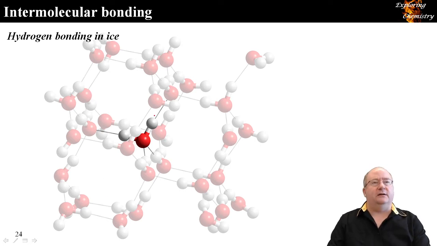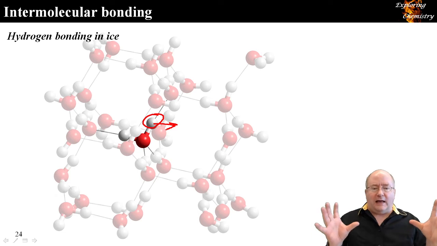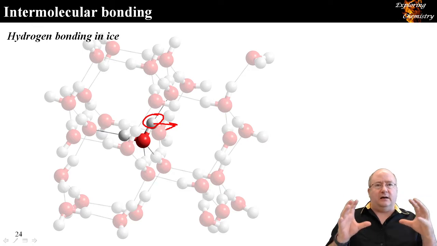The reason why ice is less dense than liquid is that in order to form a liquid, you just need to break one hydrogen bond. So if I break this hydrogen bond right here, this hydrogen can actually slip into this open cavity of the hexagonal structure. So allowing it to slip in there allows the other water molecules to get ever so closer together.